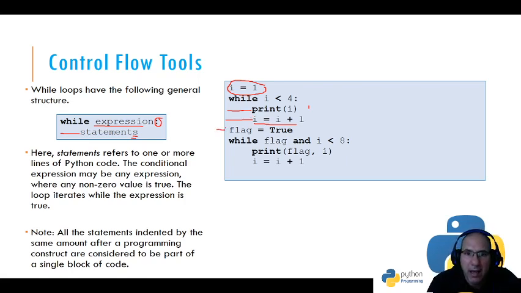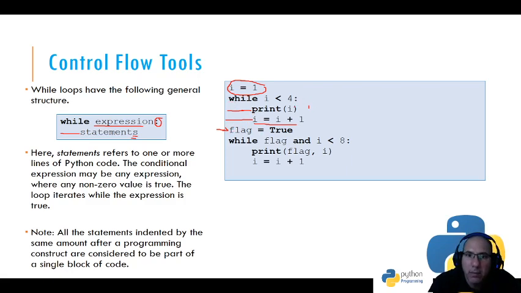When it comes to flag equal true, this is not inside the while loop. How do I know that? Because it's aligned with the while keyword itself, not aligned with the first statement inside the while loop. So this is outside the loop.